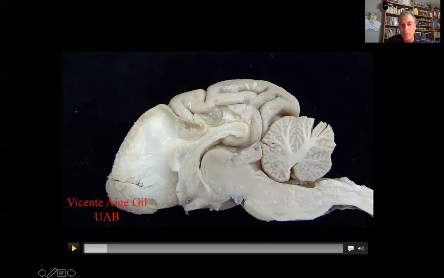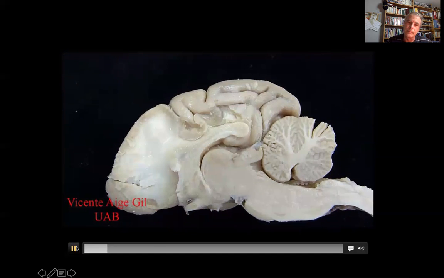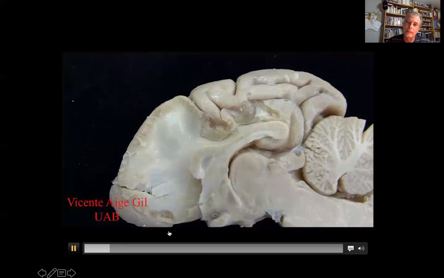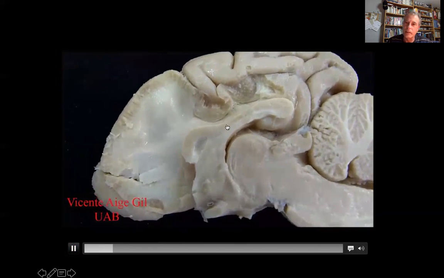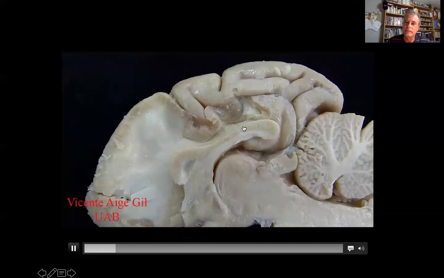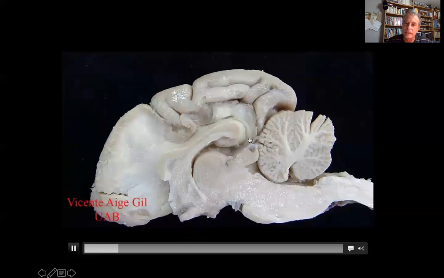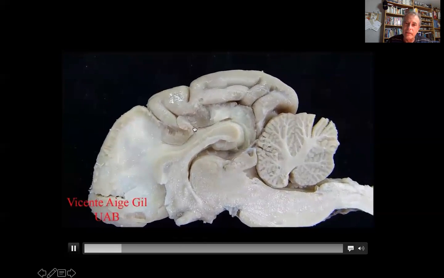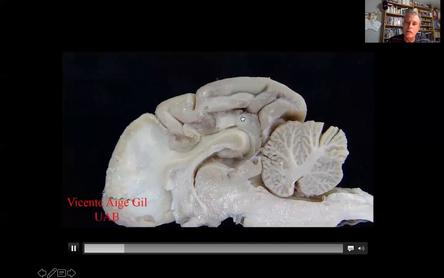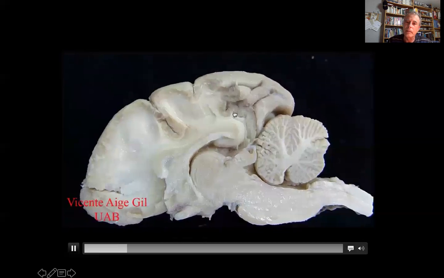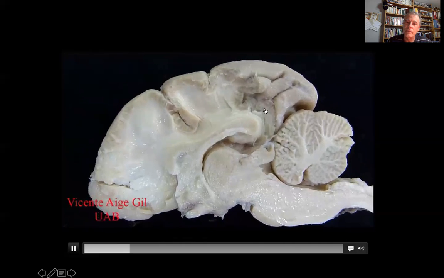We remove the gyri from medial to lateral now again. The corpus callosum here. And now we have removed the cingulate gyrus with part of the parahippocampal gyrus.